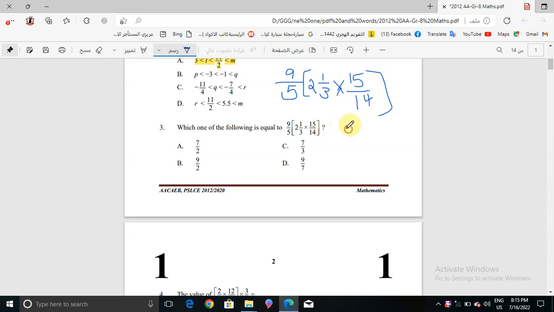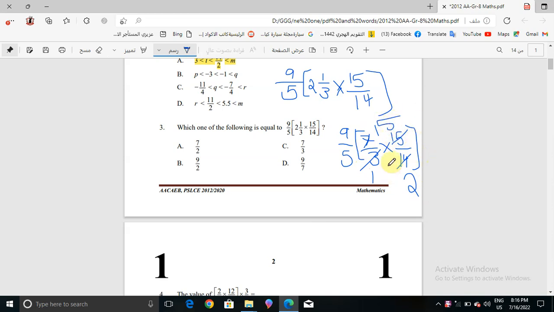so that means we will write 9 over 5 times 7 over 3 times 15 over 14. Okay, then cancel 7 with 14, that means 1 here and 2 here, then 3 with 15, 1 here and 5 here.